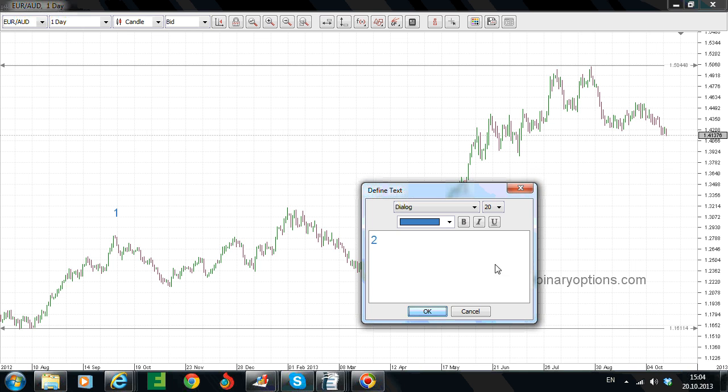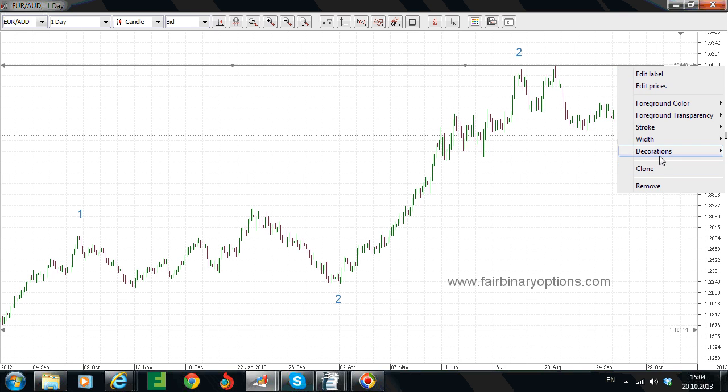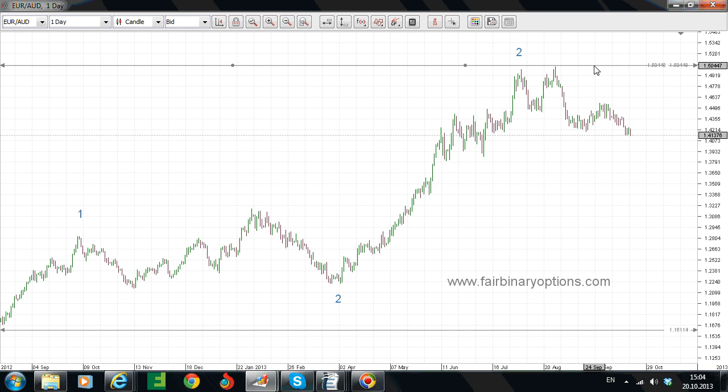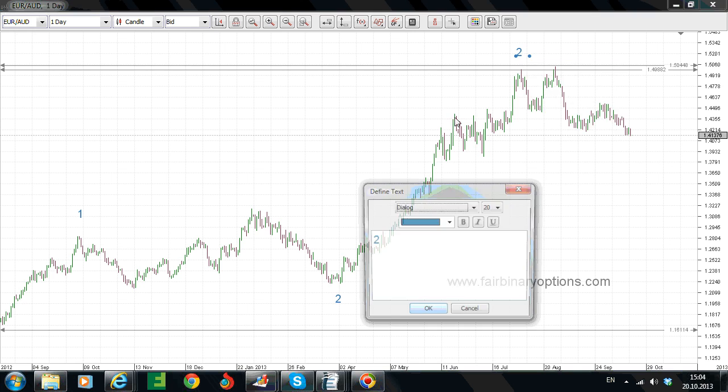So 1, 2, and then we are looking for a third wave to the upside, and this third wave is done most likely with the previous high, the one before the 150 area, into the 149 something, almost 150.